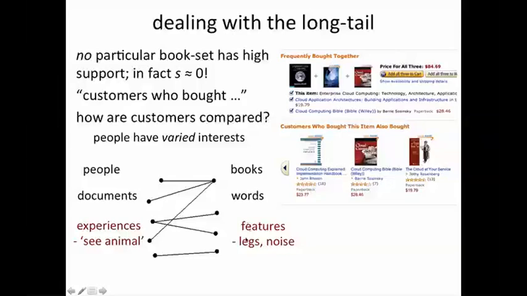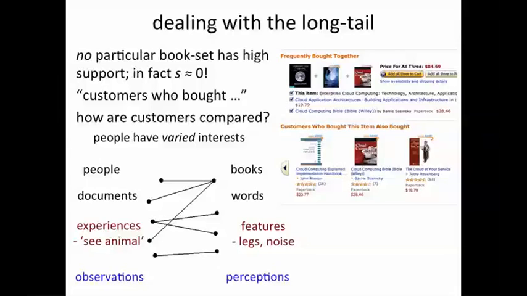So for example, 4 legs is present in many animals, 2 legs in other sets of animals, etc. In general, we have observations and perceptions. Our observations are grouped together, and each observation consists of many perceptions, and each perception occurs in many observations.